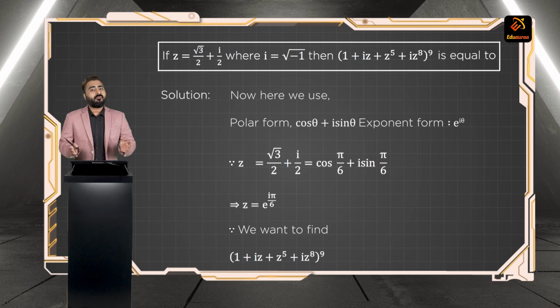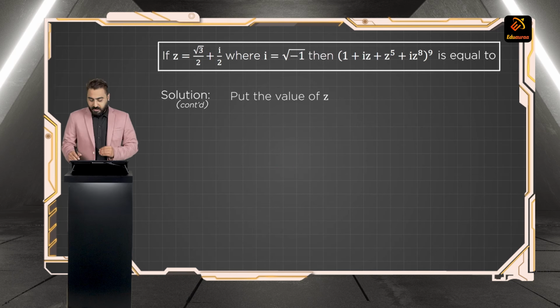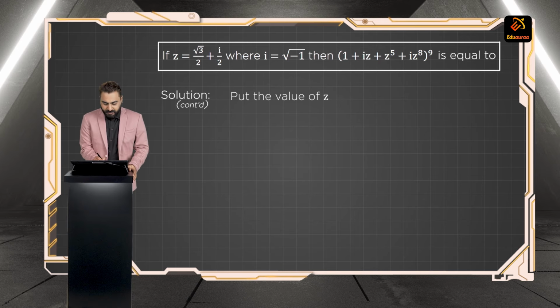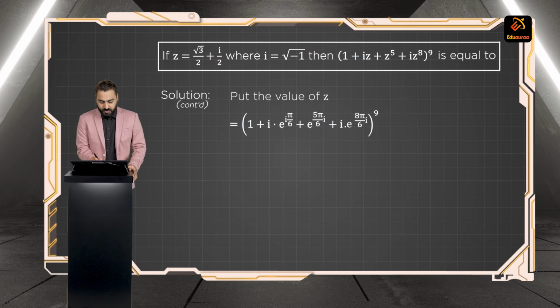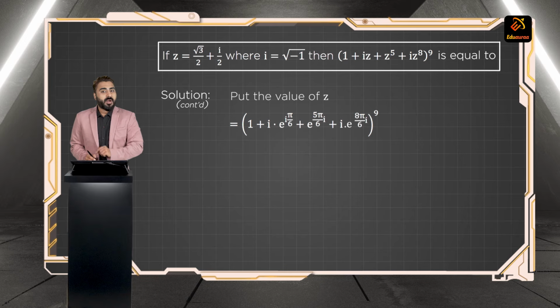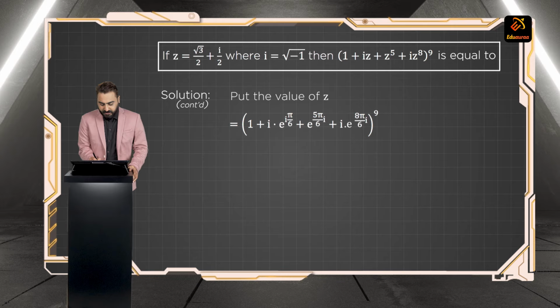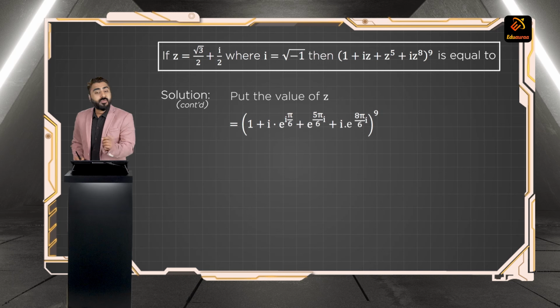So students, we have the value of z, substitute, and the moment we substitute, we get (1 + i into e raised to i pi by 6 + e raised to 5 pi by 6 i + i into e raised to 8 pi by 6 i) whole raised to 9.